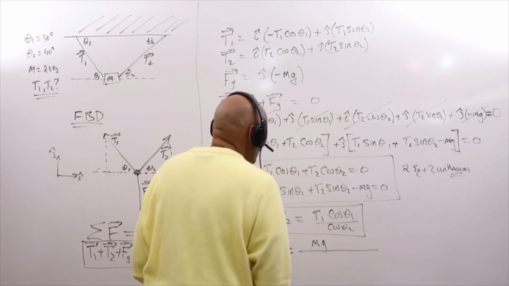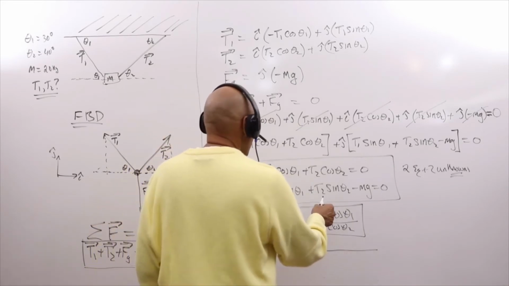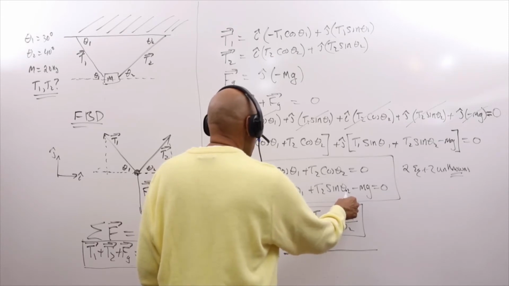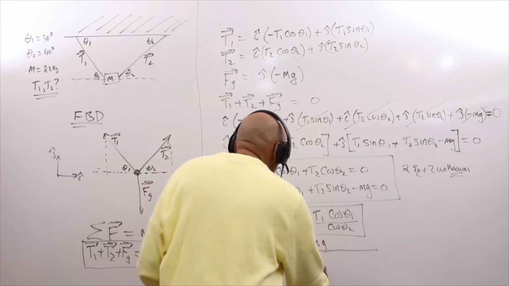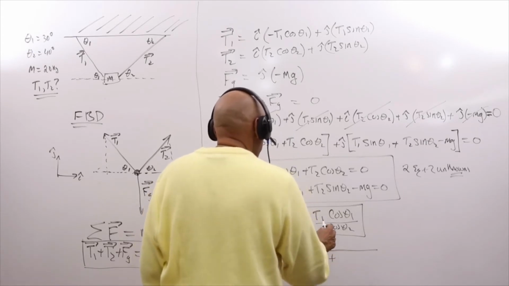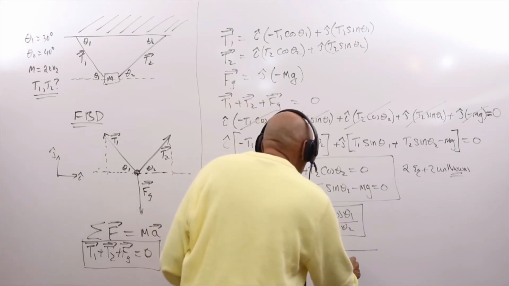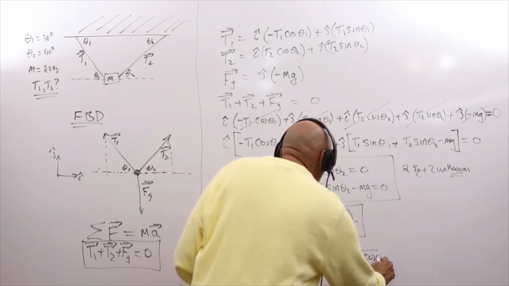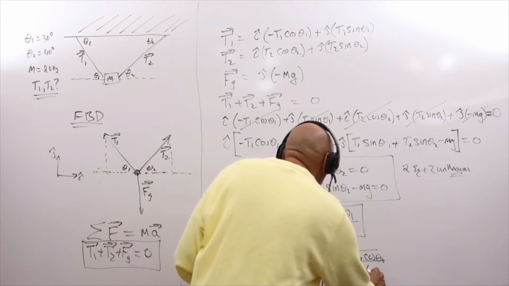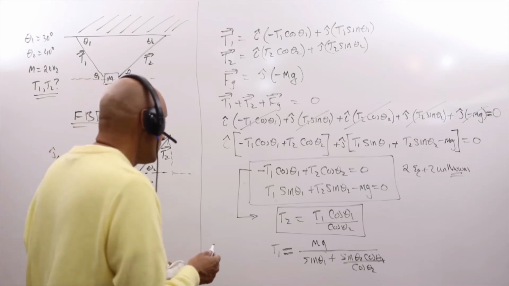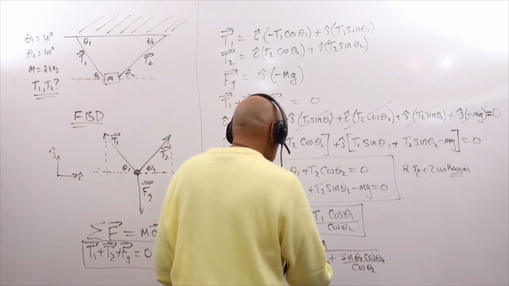Let's see. So here's mg, and t2 is cosine theta 1 sine theta 1 over cosine theta 2, so this should be sine of theta 1 plus, then there is a sine theta 2 cosine of theta 1, all divided by cosine of theta 2. Yeah, I think so. And I'm going to multiply cosine theta 2 top and bottom.